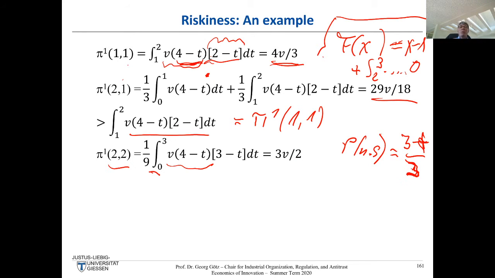Or it would be 1 minus t/3. And of course, if t is 0, the probability that the rival is not successful is 1. If t is equal to 3, the probability that the rival is not successful is 0. If we are at 1.5, the probability that the rival is not successful is 1/2.